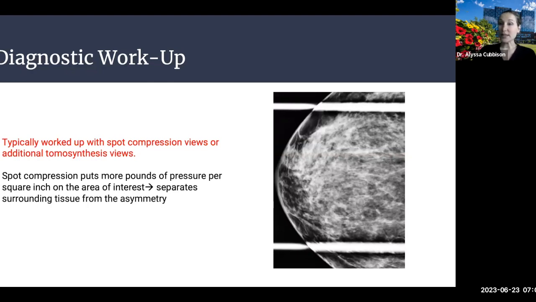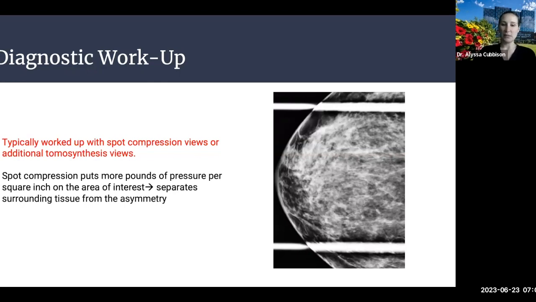There are some studies and some radiologists that don't rely as heavily on spot compression views with the advent of tomosynthesis. We'll go into more about what tomosynthesis is, but in general, some refer to it as a 3D mammogram.